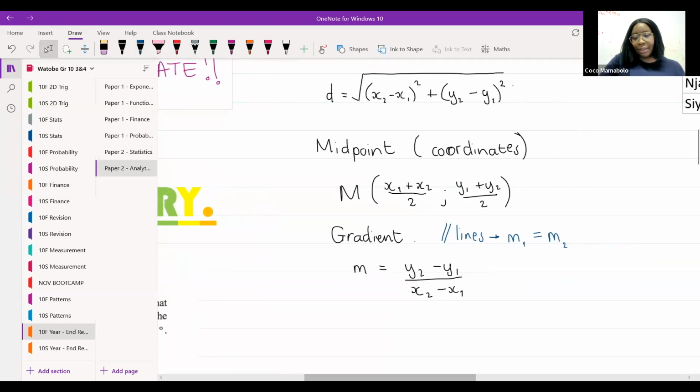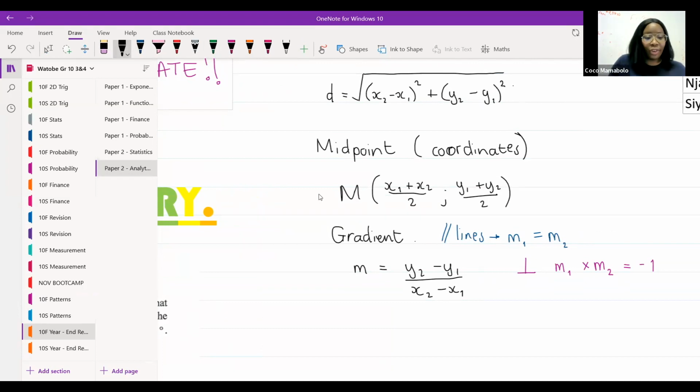The next thing is if I have perpendicular lines, then the gradient of line 1 times the gradient of line 2 must give me -1. Yes, Jessica, we need to know them, and it's good that we have them in our brains, because we don't want to forget them.